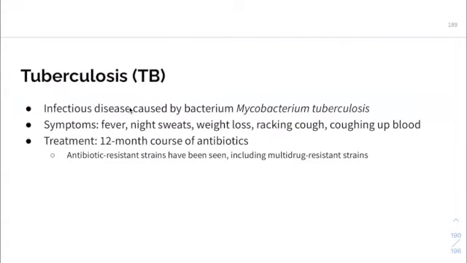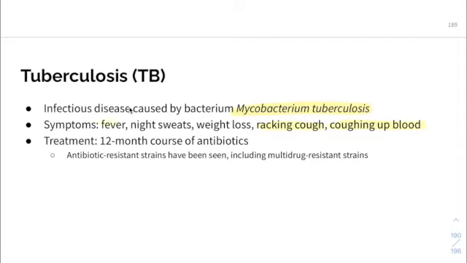Tuberculosis. Tuberculosis is caused by Mycobacterium tuberculosis. People with tuberculosis, how it affects the respiratory system, they can get a lot of coughing, they can cough up blood.